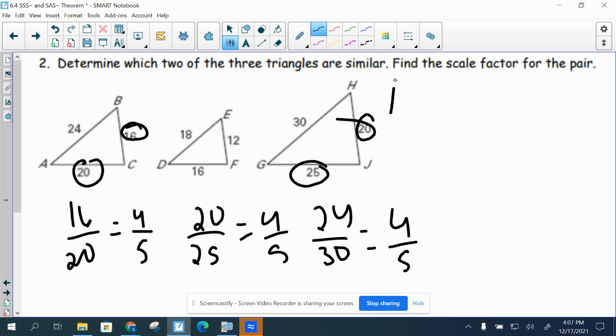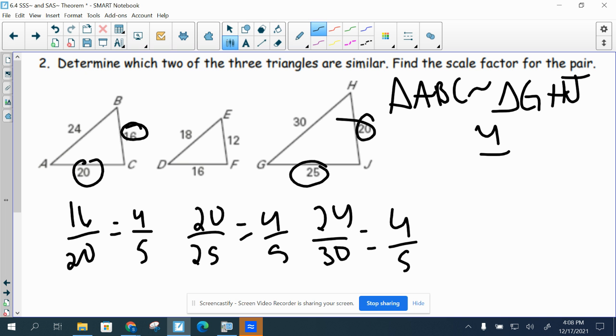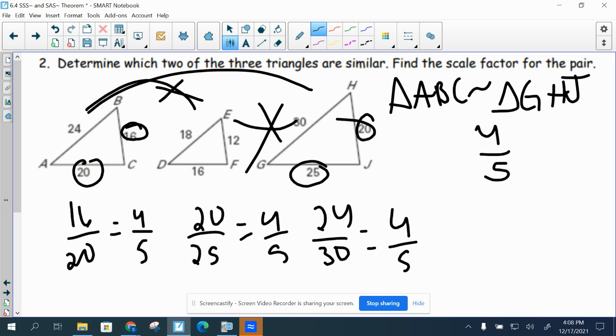So triangle ABC is similar to triangle GHJ by a scale factor of 4/5. That would be one of them. If these two are not similar, but these two are, then these two are not going to be similar, just by how similarity works.